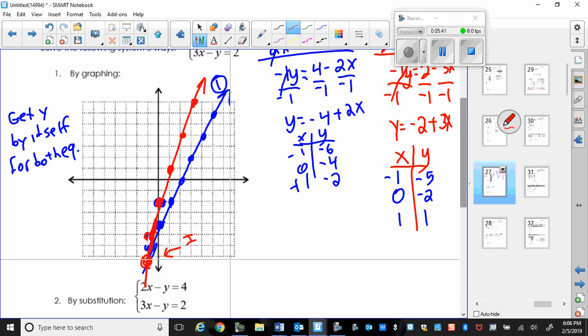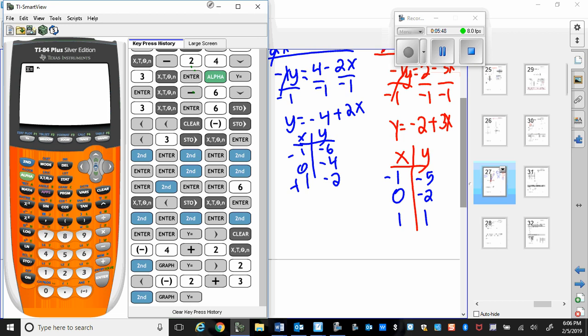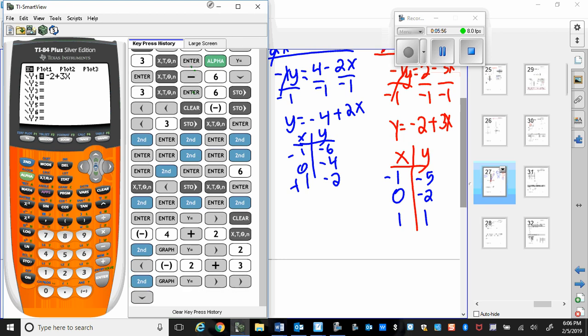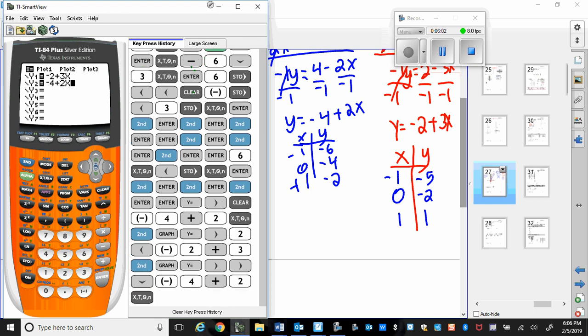It's the intersection here. So what I'm going to do is just put my two equations into y equals and see which x value produces y values that are the same. So I have -2 plus 3x already in there. So I'm going to put -4 plus 2x. And I'm going to go second graph.